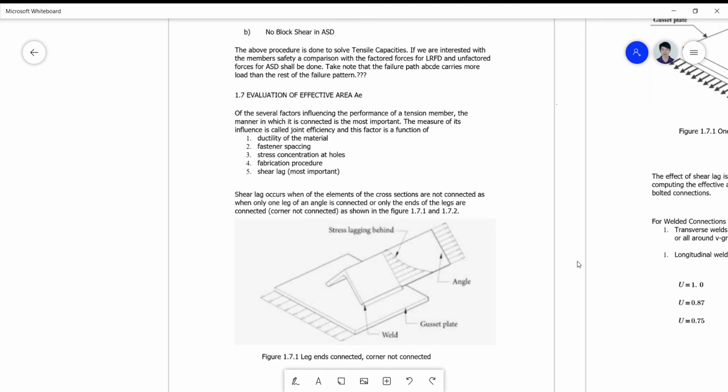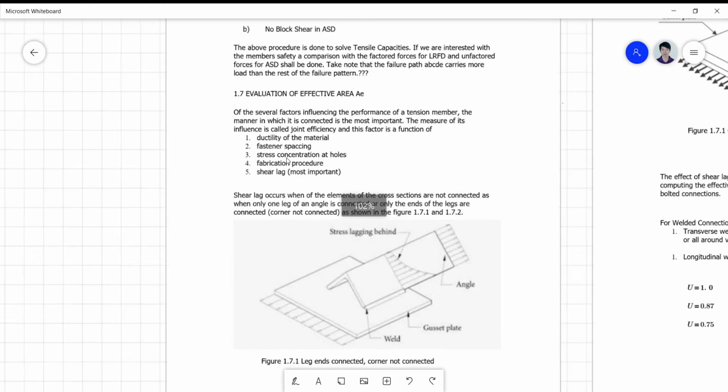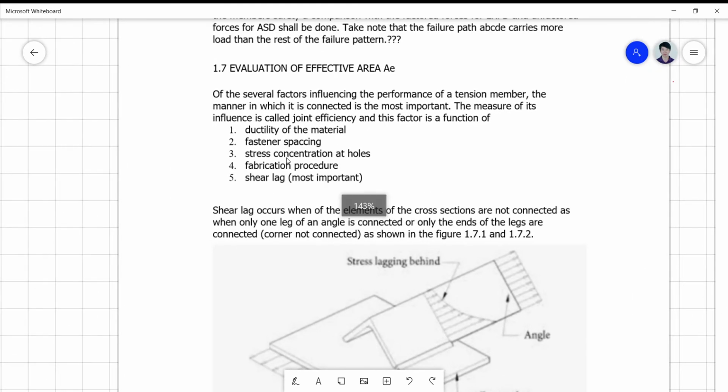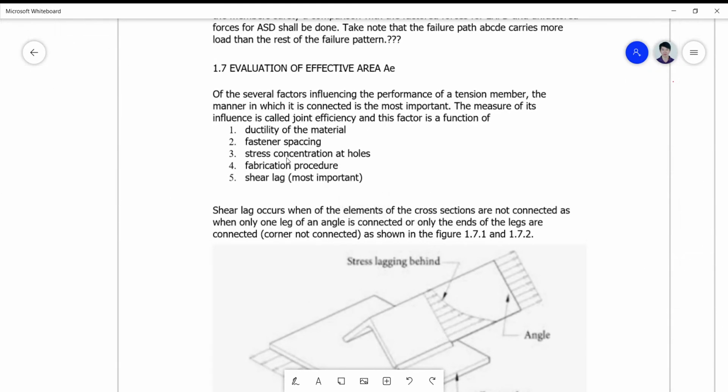And to give you a more conceptual understanding of this, let's try to enumerate first the factors influencing the performance of a tension member in the manner it is connected. So the measure of its influence is called the joint efficiency actually, which has something to do with what you call the shear lag effect or the stress lag effect.